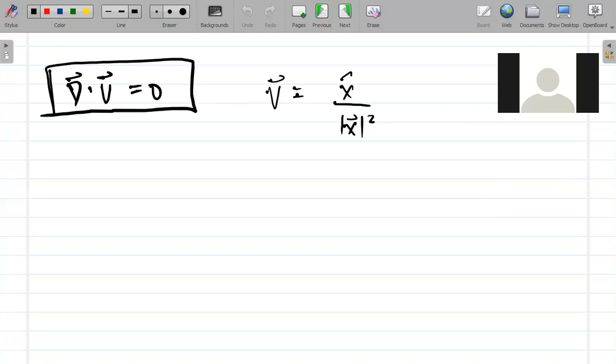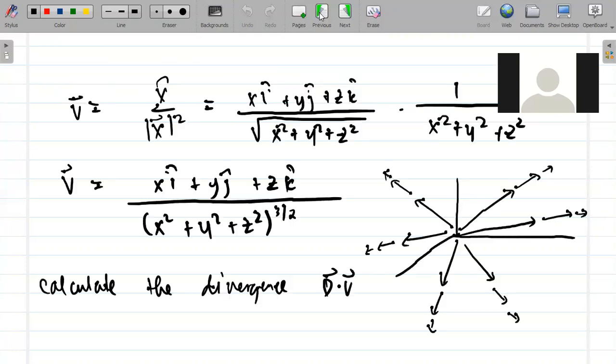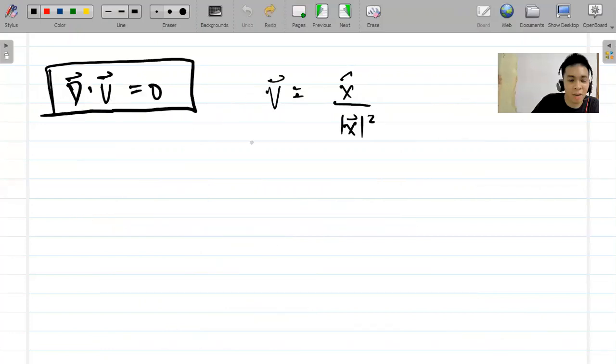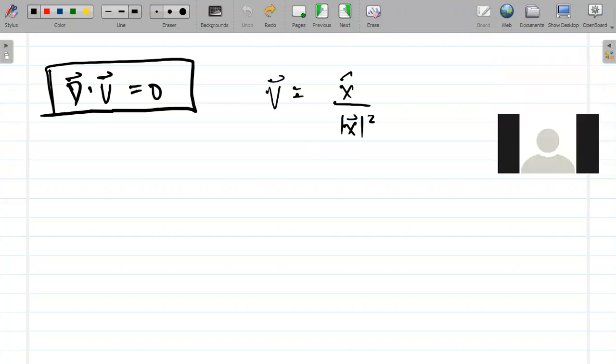Question. 'Di ba kanina ang sinabi natin, itong V mukhang positive divergence. Mukha yung positive divergence, 'di ba? Pero from our calculations, nakita natin na yung divergence niya is actually 0. So, nasan yung mali? Yung graph o yung calculation natin? Or pareho silang tama?